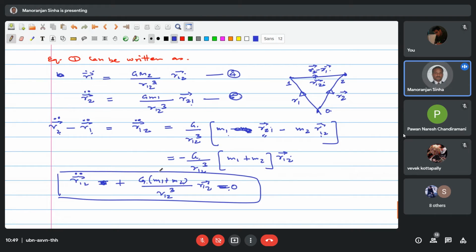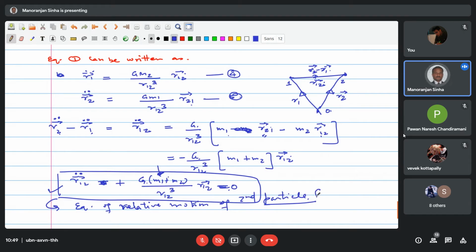Because of that, this term M1 plus M2 has appeared. Here, because this is the equation of motion of the second particle, the equation of relative motion, the second particle's mass is getting modified.